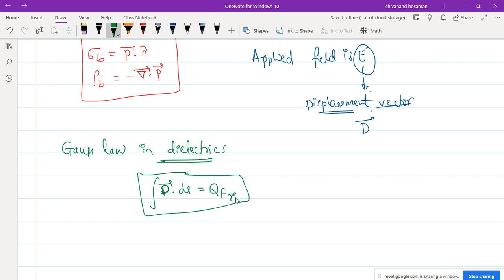Generally we call that free charges, q free charges. Where d is called the displacement vector.